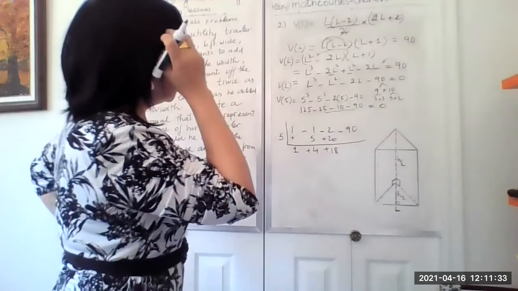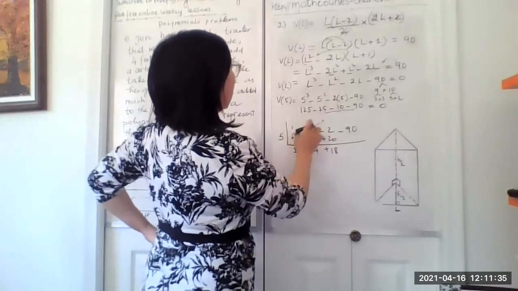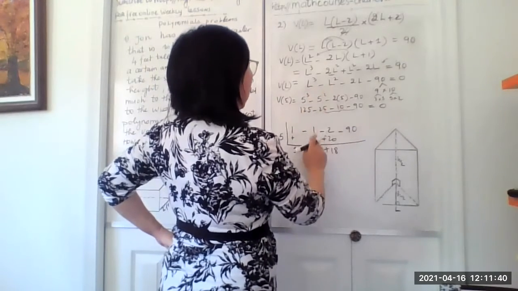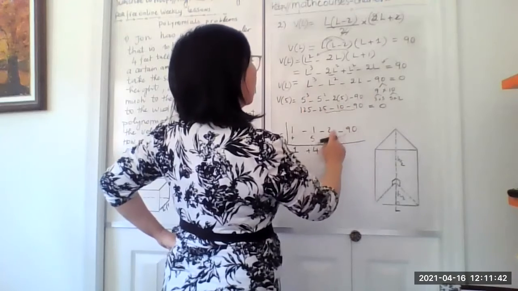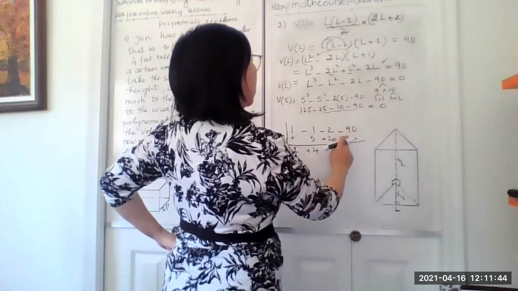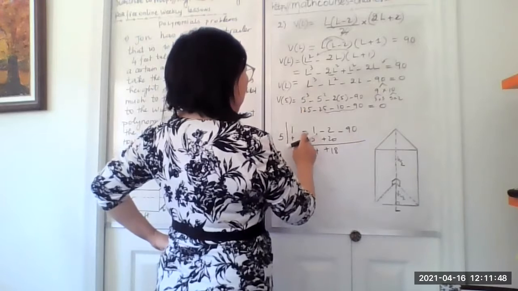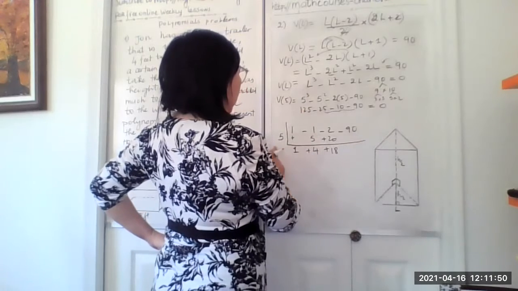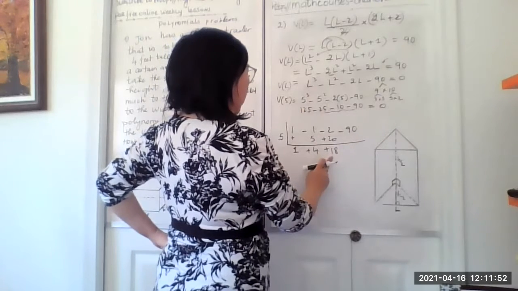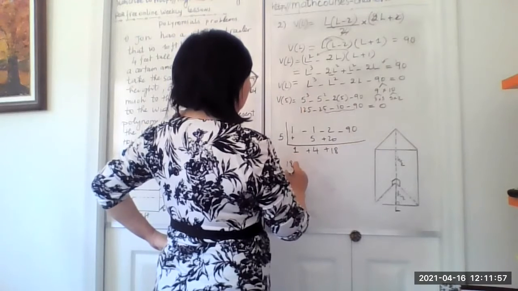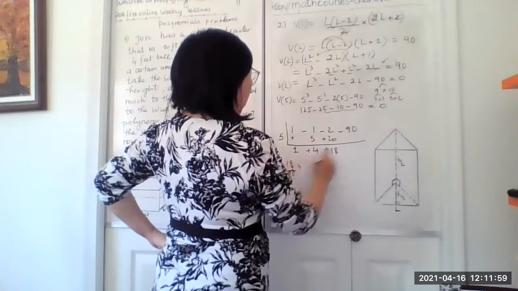Okay, let me see. So we have 1 for this, minus 1 for this, minus 2 for this, minus 90. Yeah, so 1 times 5 is 5. That's 4. 4 times 5, 20. 18 times 5, so what is 18 times 5? 90.